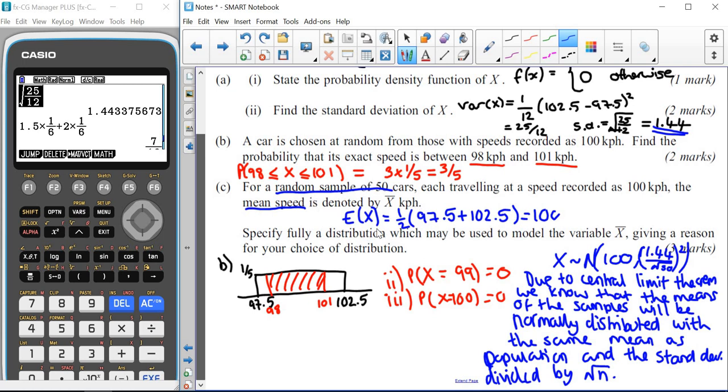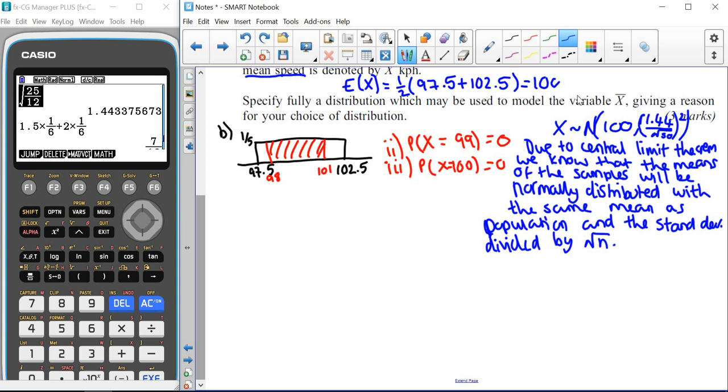Now, the reason why we don't need the population to also be normally distributed is because our sample is sufficiently large. So we can add that in here.